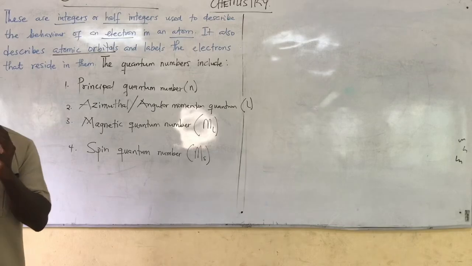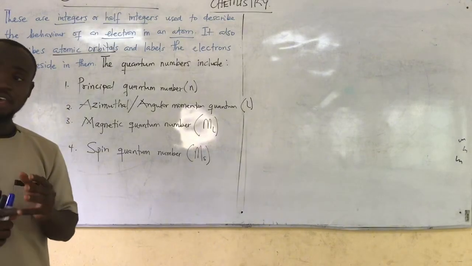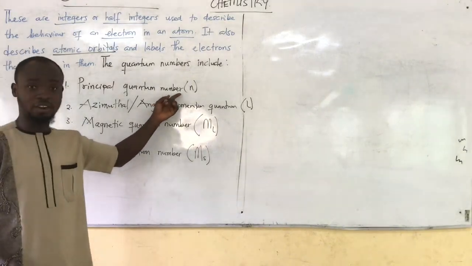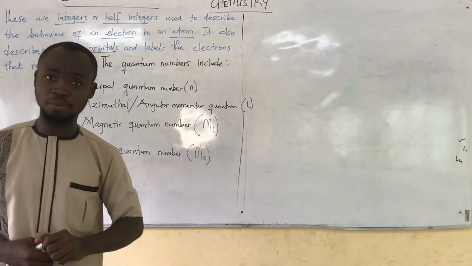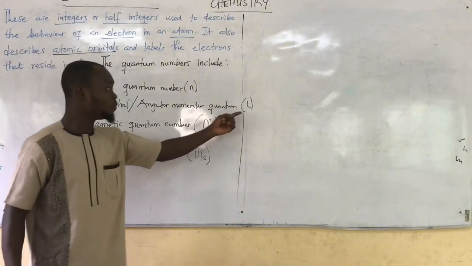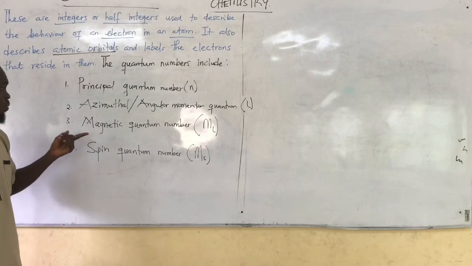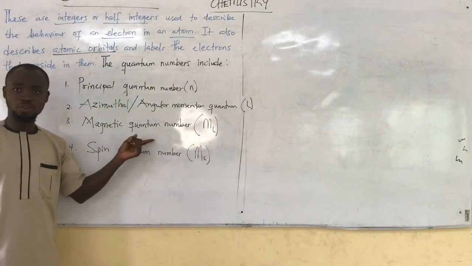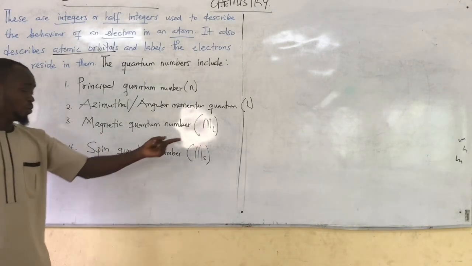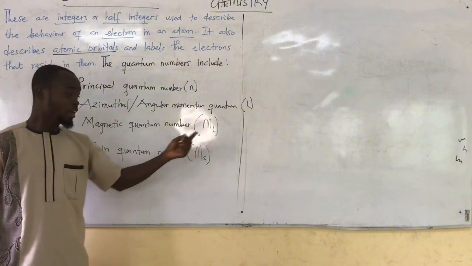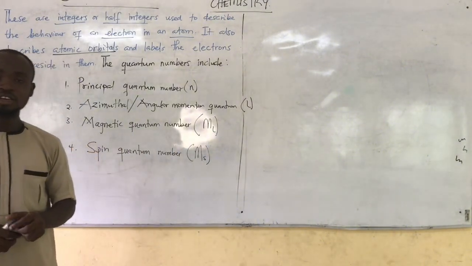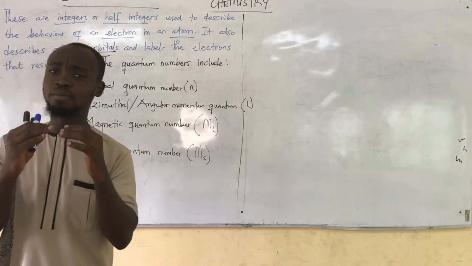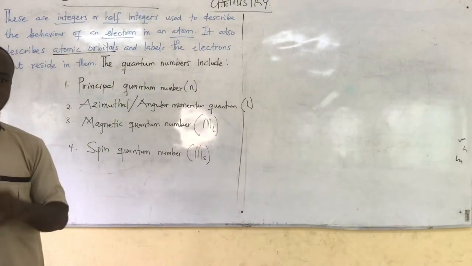One, the principal quantum number, denoted by the variable small n. Two, the azimuthal or angular momentum quantum number, denoted by the variable L. Three, the magnetic quantum number, denoted by M with a subscript L. And the last one, the spin quantum number. Now let's take each quantum number and break it down into details.